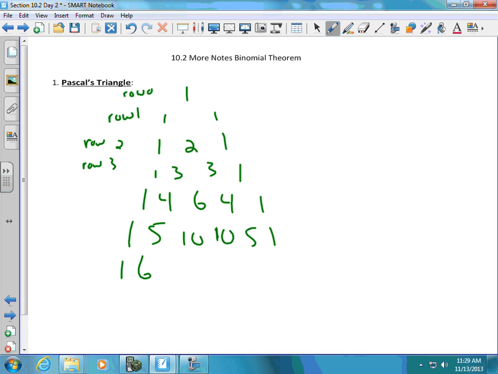Then 1, 6, 15, 20, 15, 6, 1. Then 1, 7, 21, 35, 35, 21, 7, 1. If you can get the pattern, I'm going to have you pause this and see if you can predict what the next row will be.